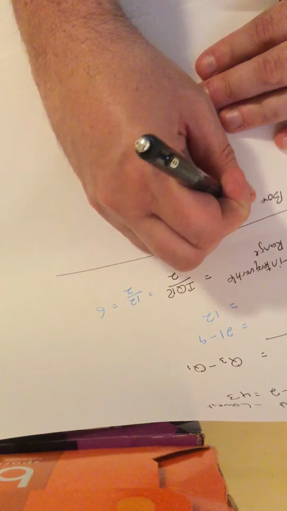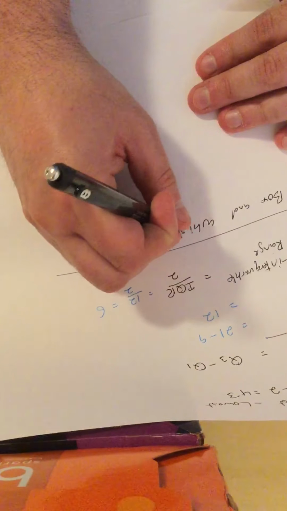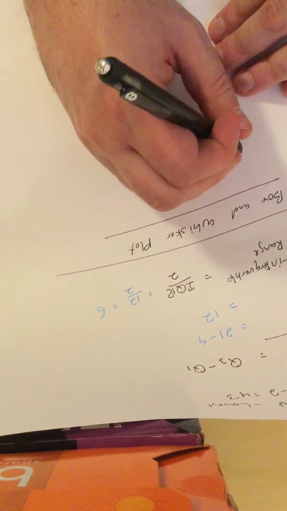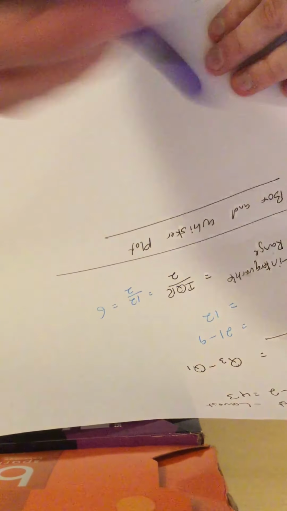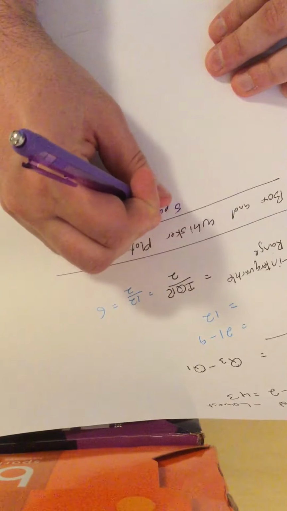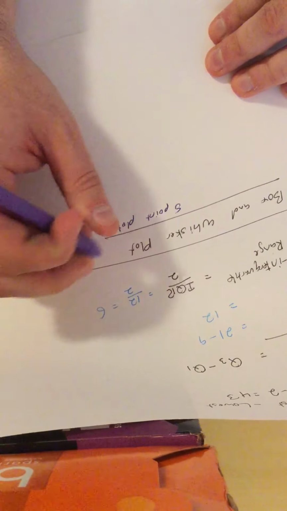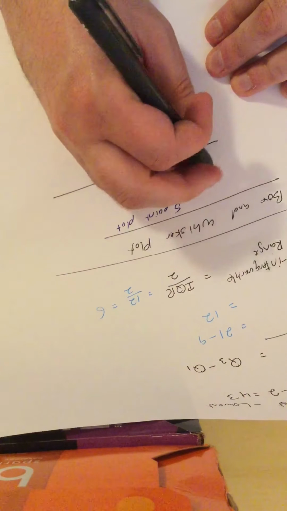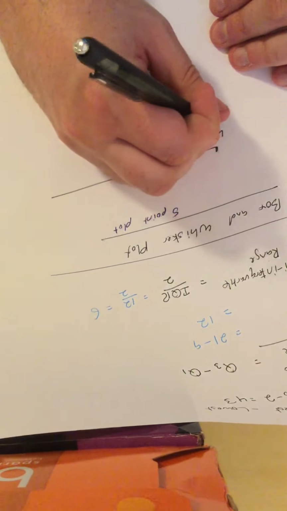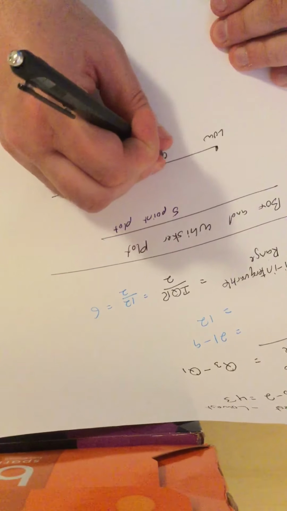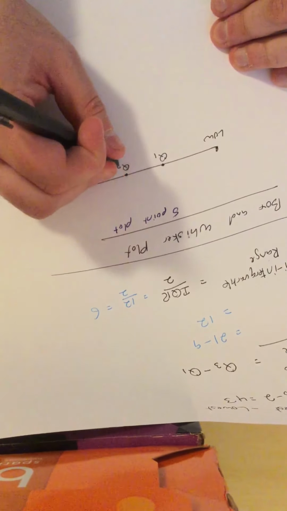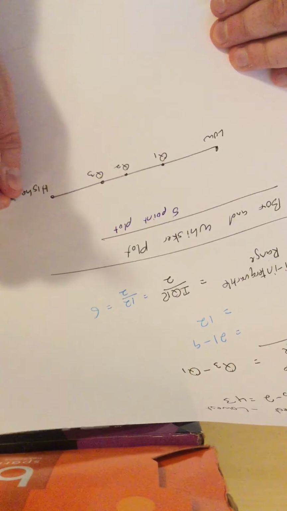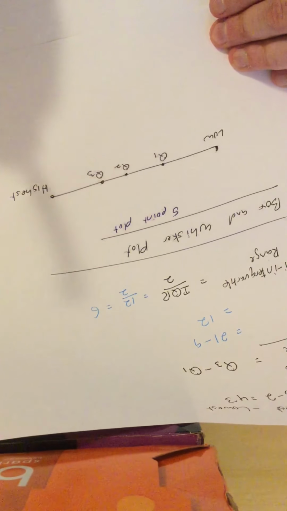It's sometimes called a 5-point plot as well, because it's a kind of number line with 5 points on it: the lowest point, Q1, Q2, Q3, and then the highest point. So 1, 2, 3, 4, 5 points.